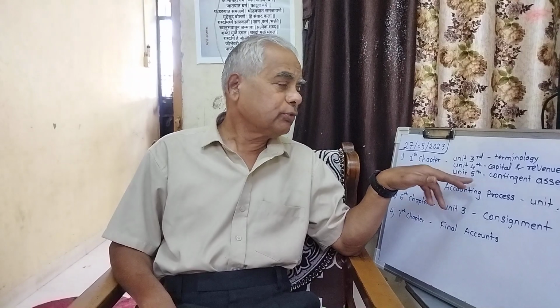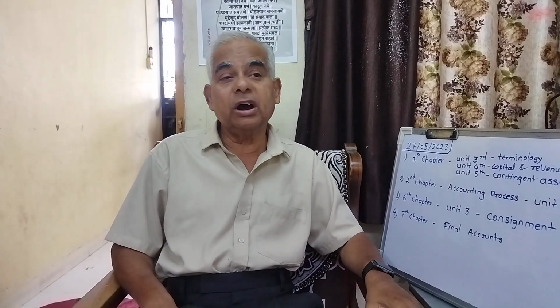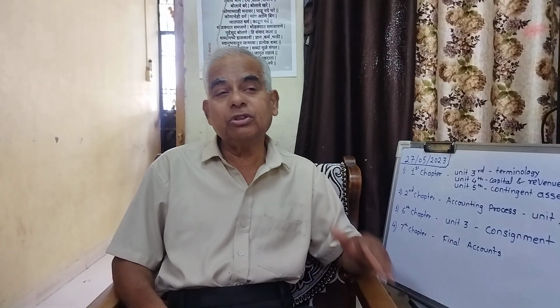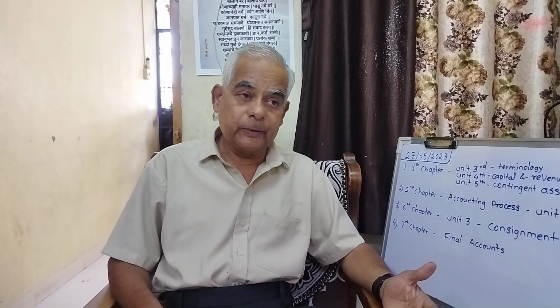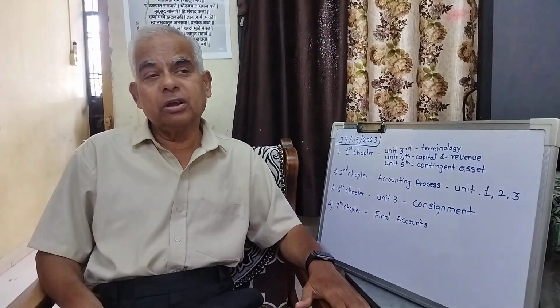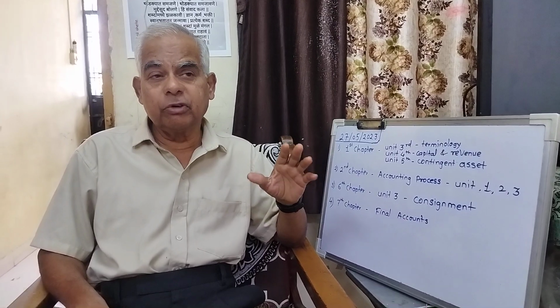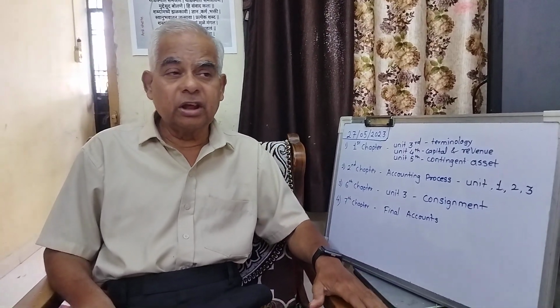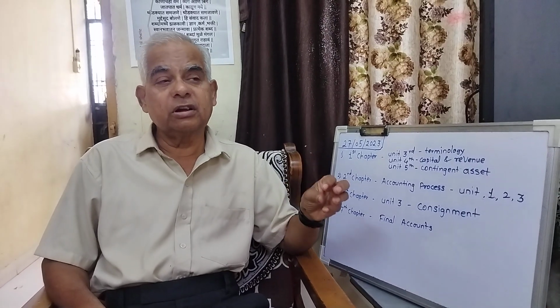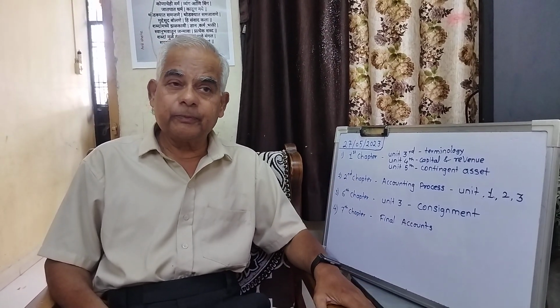The fifth unit is contingent asset and liability. Contingent means maybe, may not be. Remember that. Take the example that you have a workshop, or we can say a factory. Unfortunately an accident took place and a worker's hand is damaged.